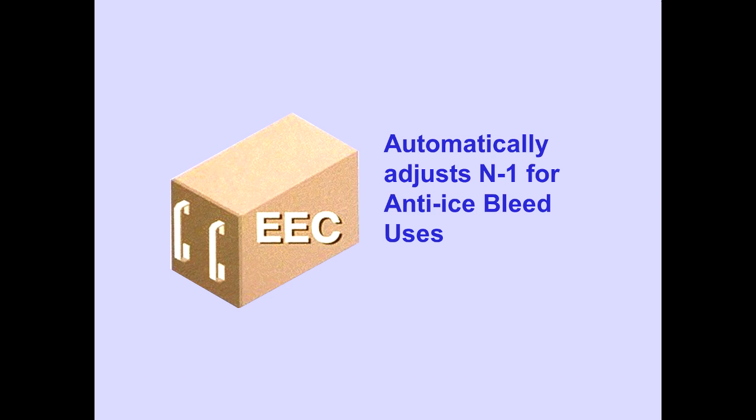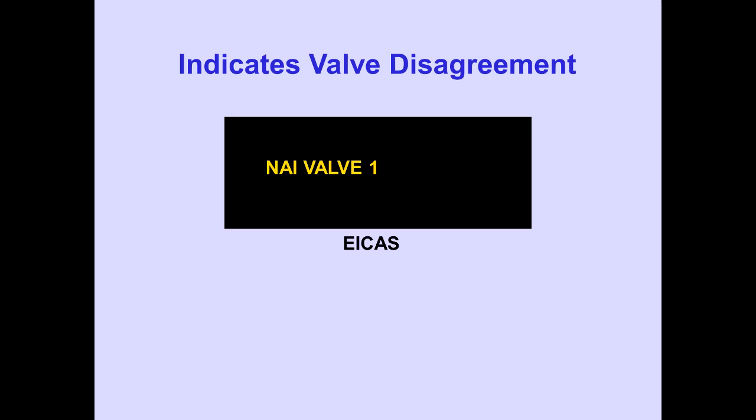In the normal mode, the electronic engine control automatically adjusts N1 to compensate for anti-ice bleed uses. The ICAS advisory message NAI valve is displayed if there is a disagreement between the commanded and actual position of the valve with the engine running.